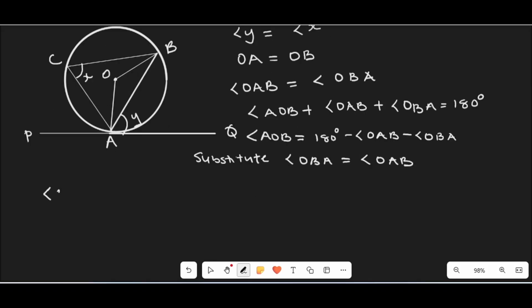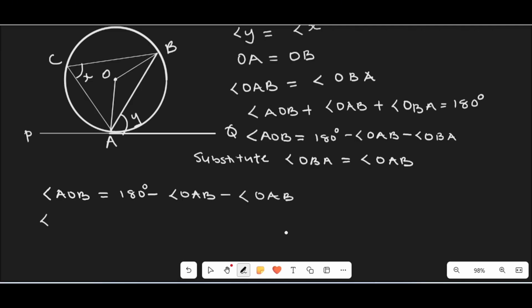Angle AOB equals 180 degrees minus angle OAB minus, instead of OBA we write OAB, angle OAB.